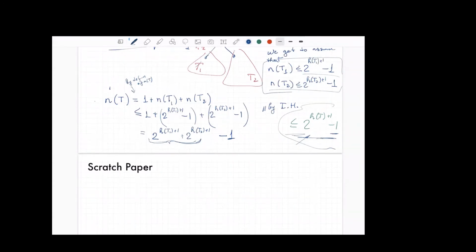Well, I have 2 of those. Can I say that this is going to be less than or equal to twice whatever the largest of the 2 pieces is? Let's say this number is like 1024 and this number is 512 or something. These are both some powers of 2. These can be in the gazillions. But their sum is going to be at most twice whatever the larger of the 2 is, right?